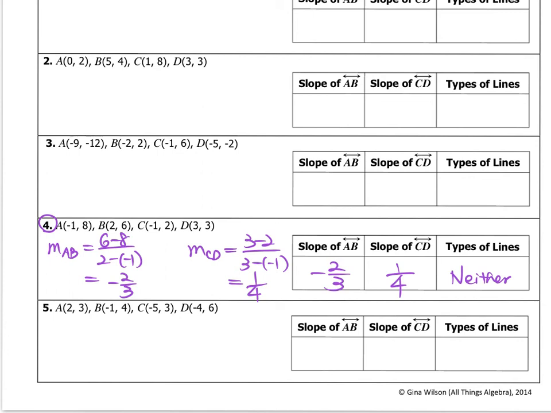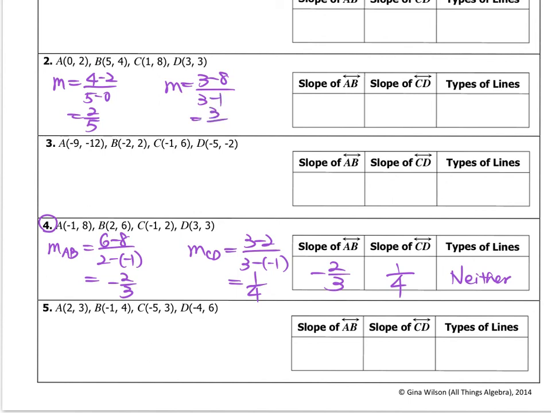So now let's go back and look at number 2. If you calculate the first slope for AB, I would have 4 minus 2 over 5 minus 0, so I have 2/5. The second slope, I should have 3 minus 8 over 3 minus 1.